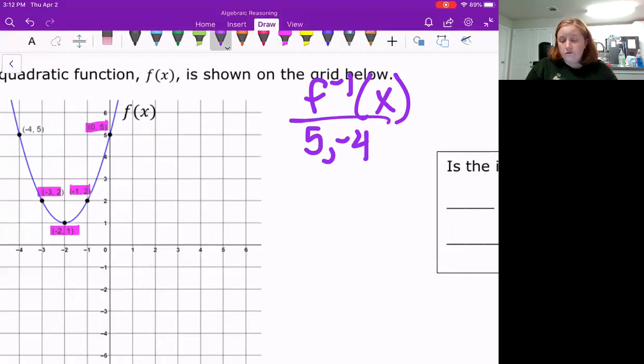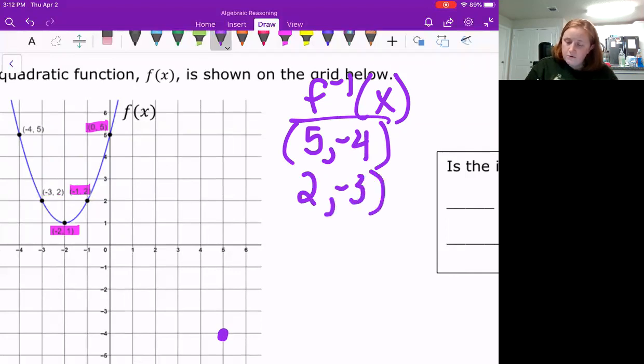So let's go ahead and graph that and see where it ends up. So 5, -4. So there's our first point. Now let's do the second one down. -3, 2, reverse that, 2, -3. There's my next dot, 2, -3. Let's keep going around, -2 and 1, reverse that for 1 and -2.